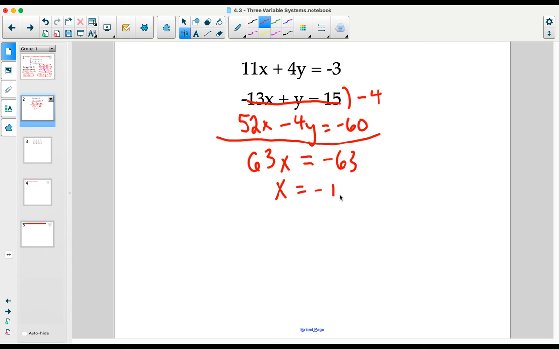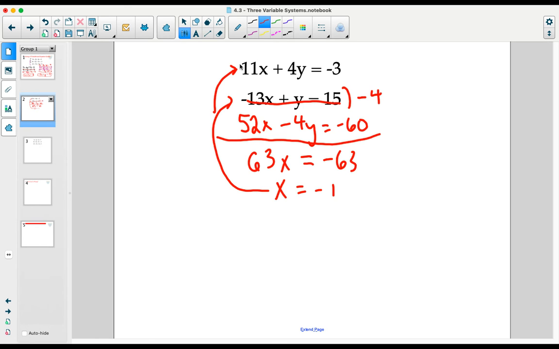Now that I know that x is equal to negative 1, I can work backwards through any of the equations that I have in order to determine the other variables. It makes the most sense to take this x back into one of these two equations, as they only have the y in it that I can figure out next, and I'm not going back all the way to the one with three variables, as that'll just get confusing because I won't know y or z.